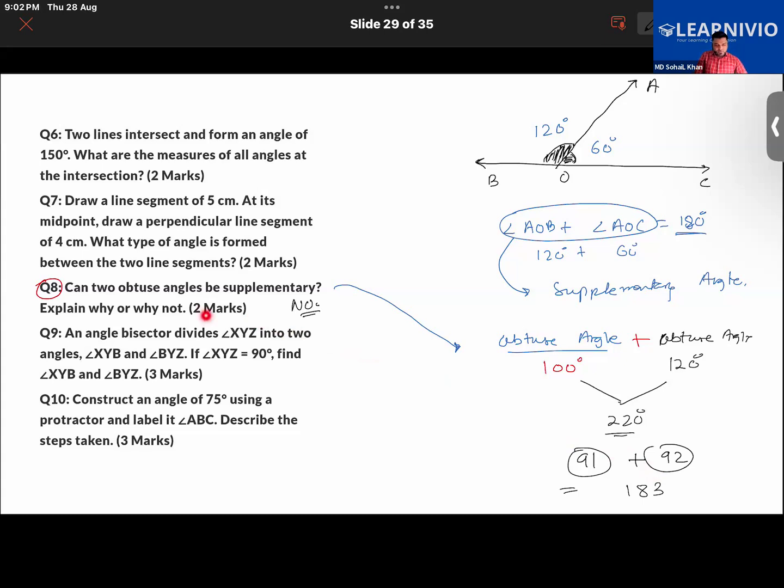Say that this question carries 2 marks. So you will not just write a one line statement. You will actually take some examples like this. You will show the working that it is equal to 220 degrees.